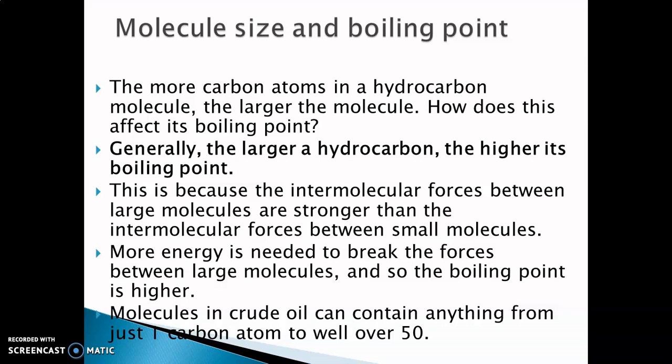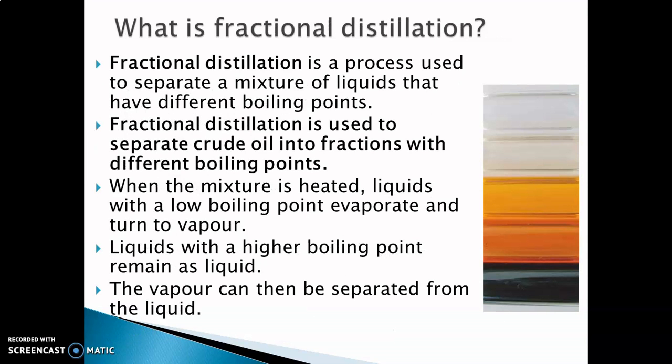Generally, the larger the hydrocarbon, the higher its boiling point. This is because the intermolecular forces between large molecules are stronger than those between small molecules. And again, how do you segregate it? By fractional distillation, a process used to separate a mixture of liquids that have different boiling points.